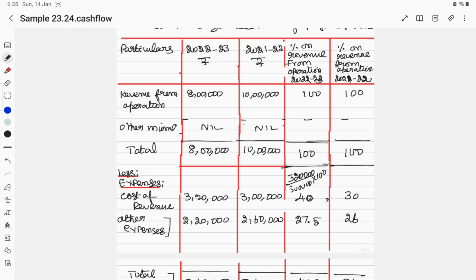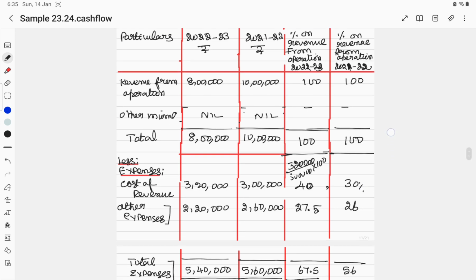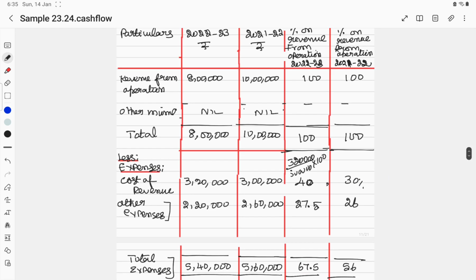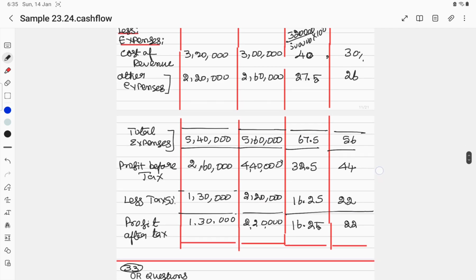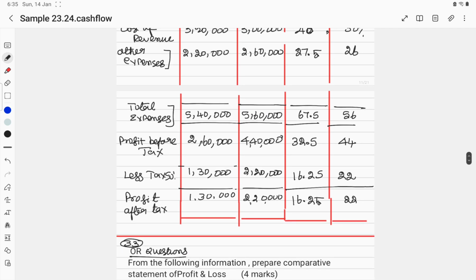Here 3 lakhs divided by 10 lakhs into 100 we get 30%. Other expenses 27% in 22-23 and 26% in 21-22. Like that we have to calculate. Profit before tax is 32.5%, here 44%. Tax is 16.25%, here 22%. Profit after tax 16.25%, here 22%.